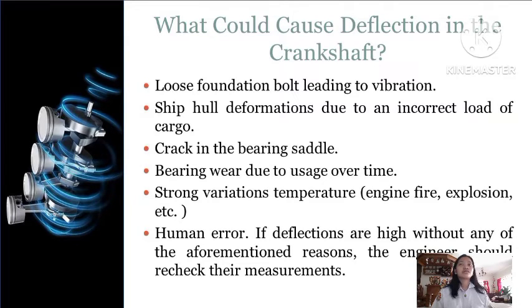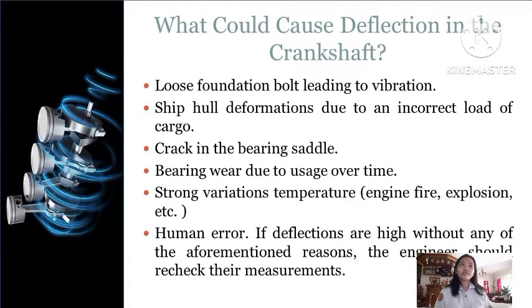That's why it is stated in our planned maintenance that we need to check whether the bearing is still usable, because excessive usage of the engine or running the engine without changing the bearing may cause the bearing to wear.